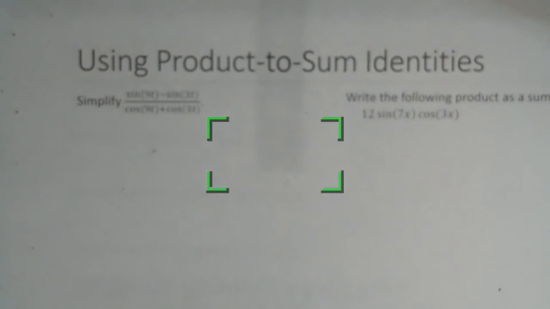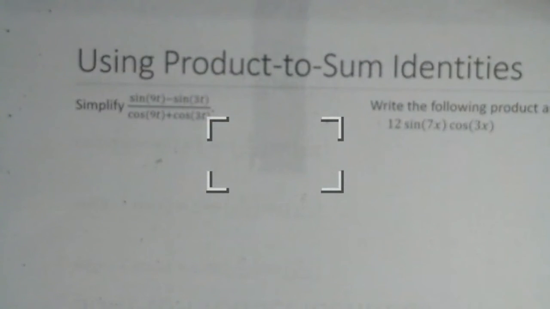First thing, we are looking at simplifying the sine of 9t minus the sine of 3t over the cosine of 9t plus the cosine of 3t. And I apologize, there is a typo. This numerator is supposed to be plus.